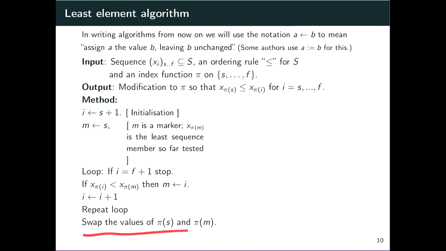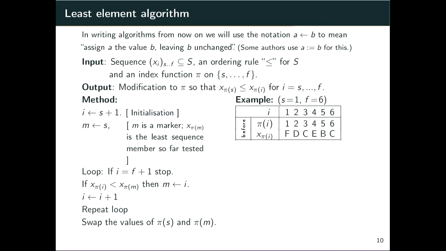Okay, and so after we've finished repeating the loop, at the end, we take our marker and we're going to swap the value of pi s and the value of pi m. So we're not actually moving the xi's around, we're just moving the index set around. And all we've done is we've made our least element go into the start position and switched the starting position with that other one.